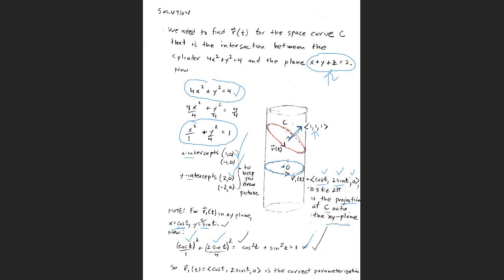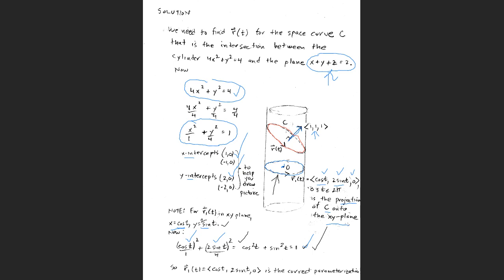So the space curve R1 of t, its x and y coordinates have to obey the elliptical cylinder equation, because it's just a projection of the elliptical cylinder.